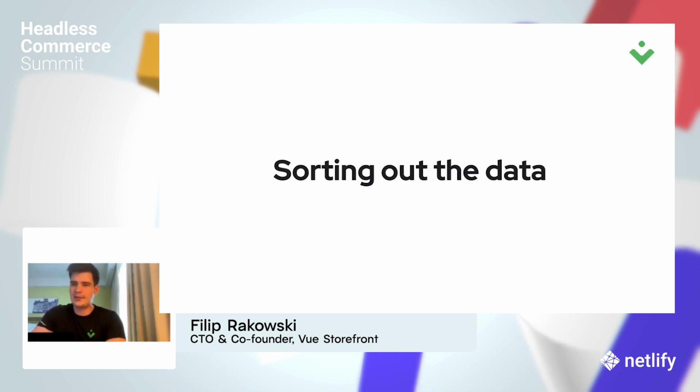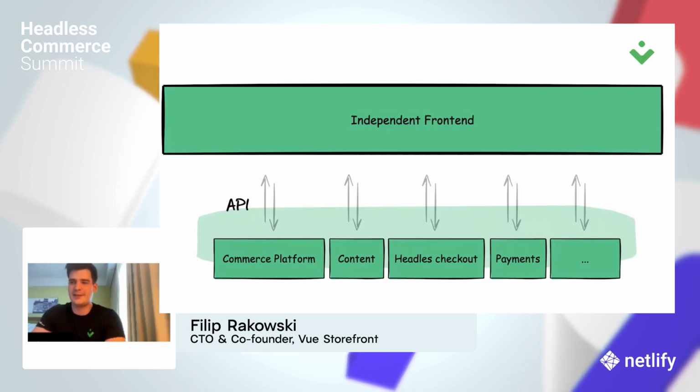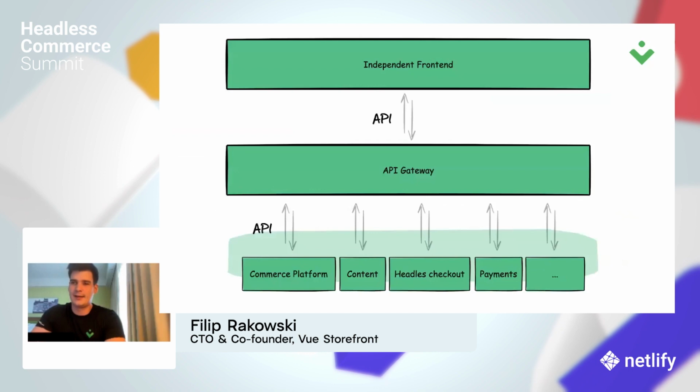Another thing that could become a bottleneck is data. So if all you did was detaching your e-commerce frontend, it probably won't affect you. But if you are using multiple APIs from different origins, it makes sense to group them together behind a single API. And to make that happen, you should build or use an already existing API gateway.